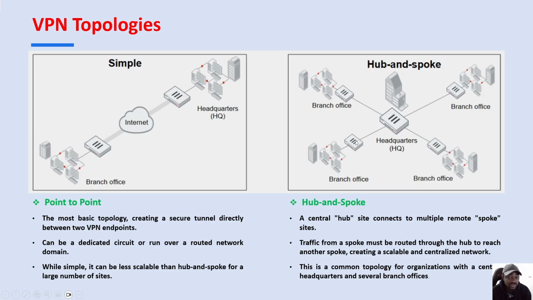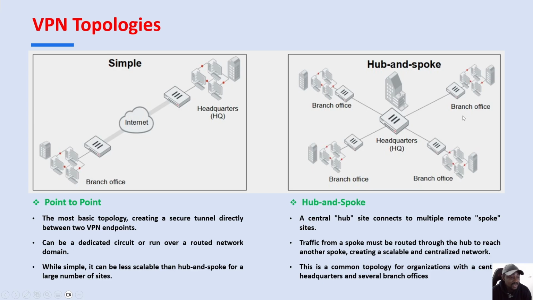Traffic that is going from one branch to another needs to pass through the headquarters FortiGate. The inconvenience of this is that if the headquarters firewall has some issues, there will be no more communication between all the branch offices.